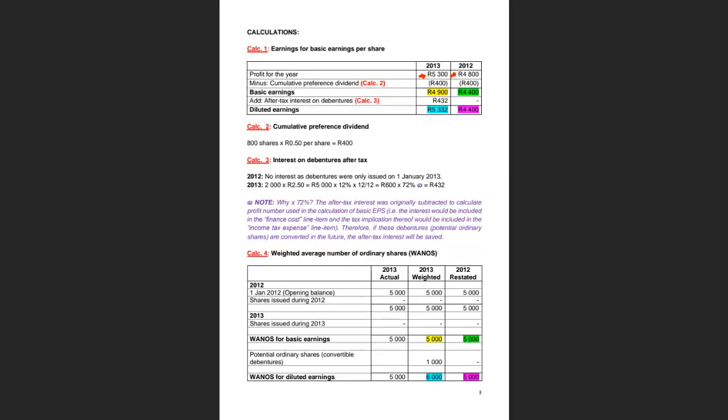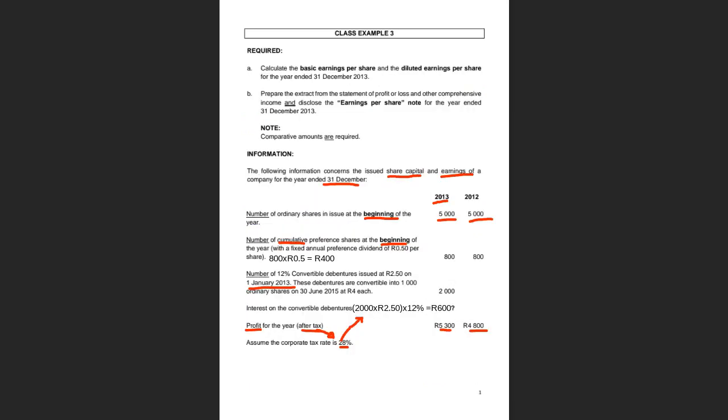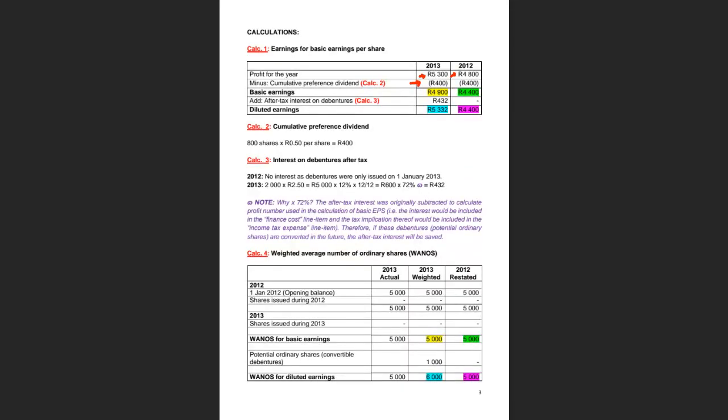We reduced it by our dividends that we calculated. Remember, we calculated that while we were still reading the question. Now I've changed back to the original slide and we'll see an amount there of 400 Rand that we had calculated. So that is the 400 Rand dividends that is being subtracted from earnings.